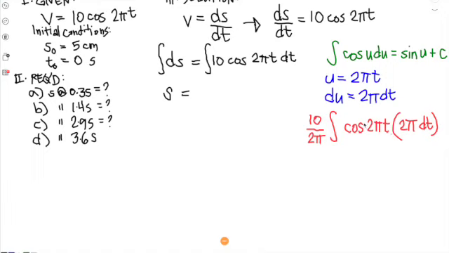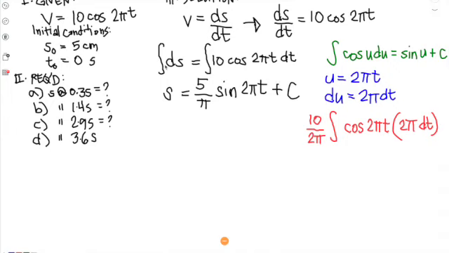I believe at this point this is very simple for you. So this would be 10 over 2, that would be 5. So let's write our answer here. That would be 5 over pi, and since we accomplished this to be cosine u du, we can simply write sine of u. So sine 2 pi t plus our constant of integration.